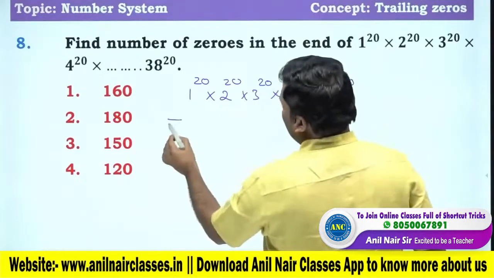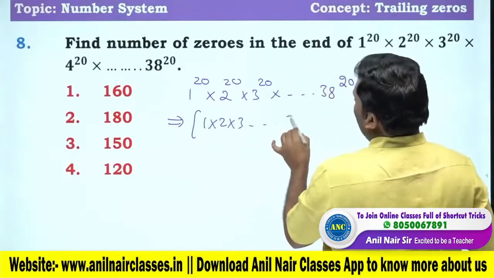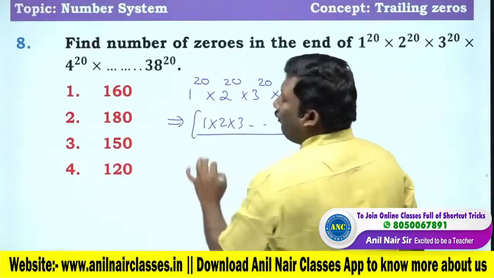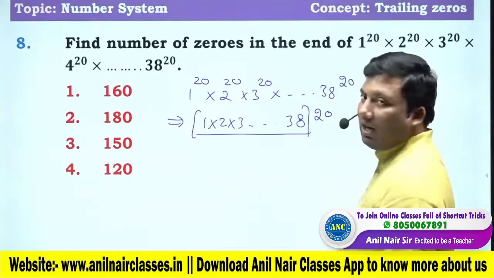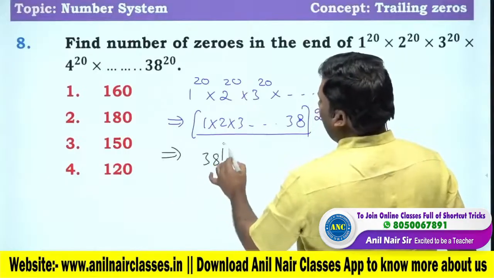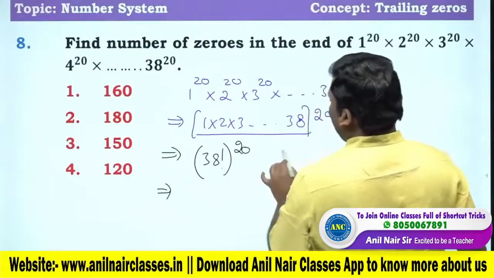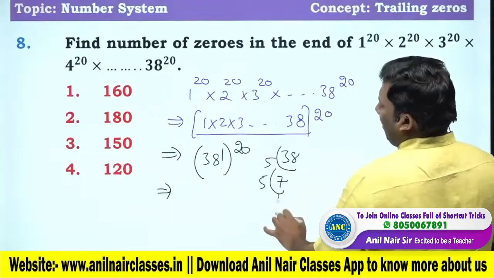So this will be equivalent to 1 into 2 into 3 and so on up to 38, power 20. Product of all natural numbers from 1 to 38 is called 38 factorial. So 38 factorial power 20. Number of zeros at the end. For factorials only, it is dependent on the powers of 5.